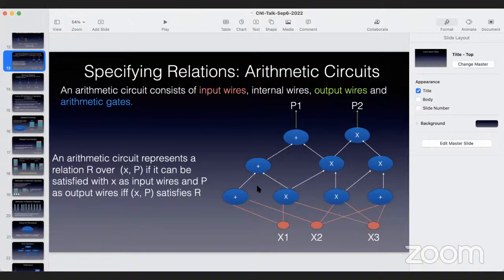Here, can any relation be represented by an arithmetic circuit? In theory, yes, any relation that can be computed in polynomial time.